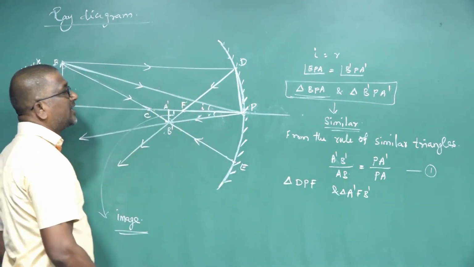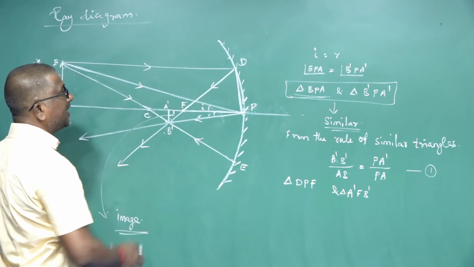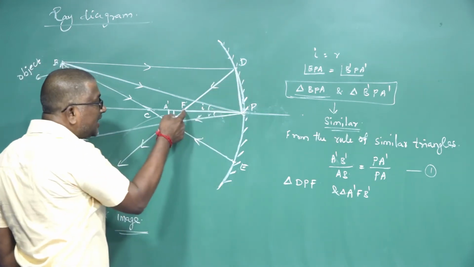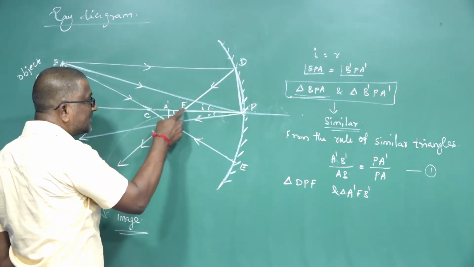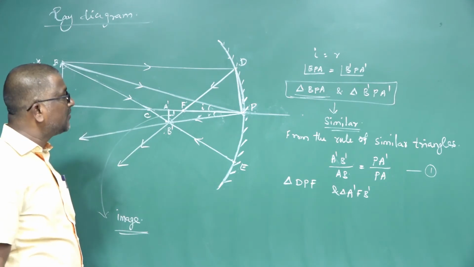And another two right angle triangles are also there in this ray diagram: DPF and A dash F B dash.